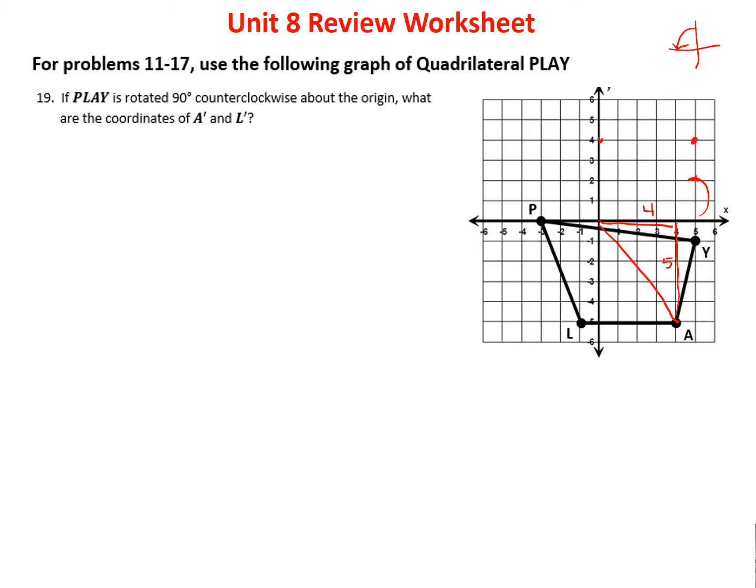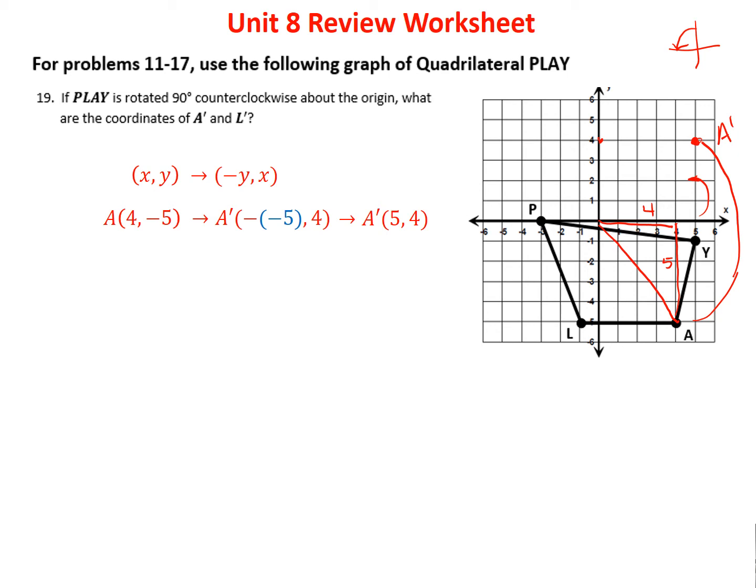And so A would technically move here to A prime. Now, if I check it out with my coordinate notation, which is actually the easiest way to do it, notice 4 and 5 switch, and y becomes negative. So negative 5 becomes positive 5, 4. And you can see that what we've done there is the correct answer, 5, 4, right here.